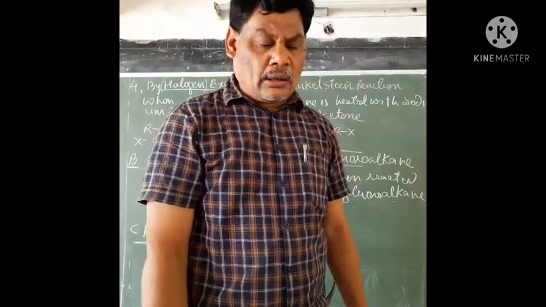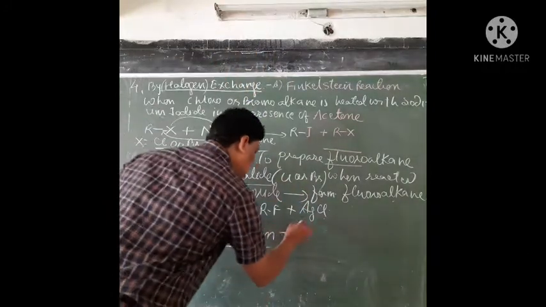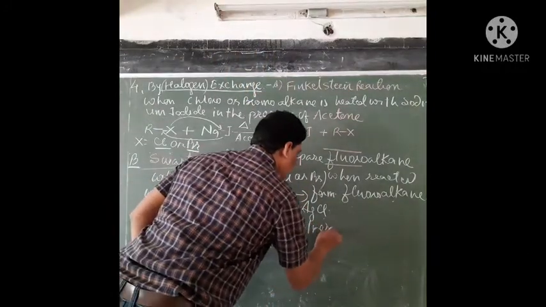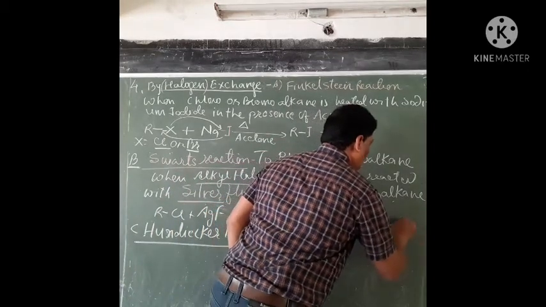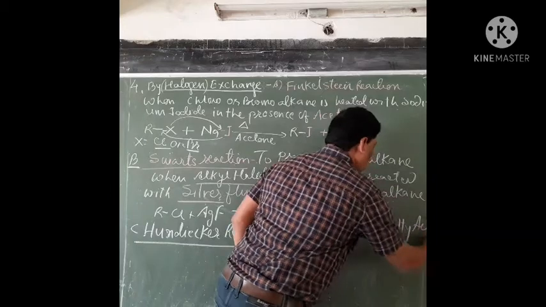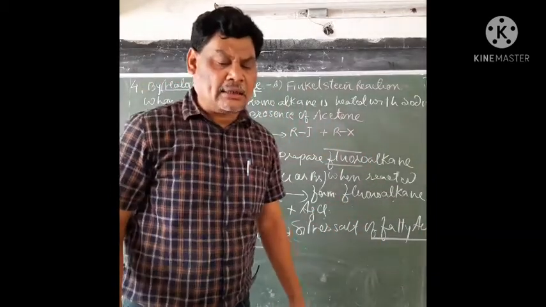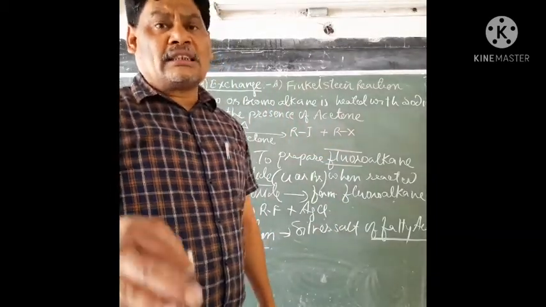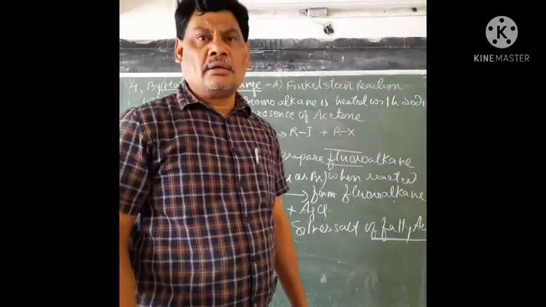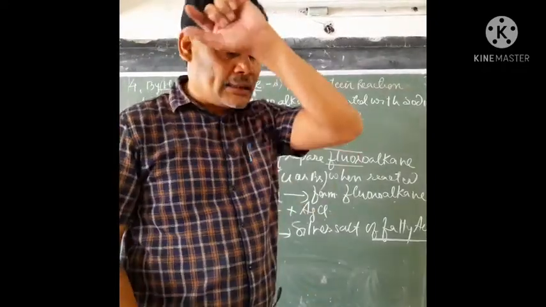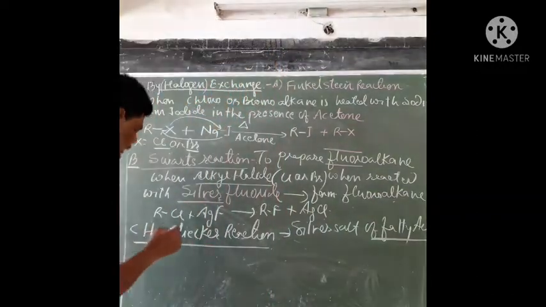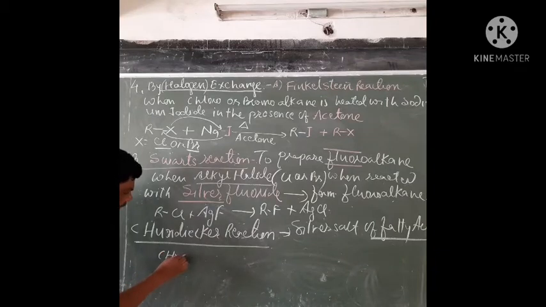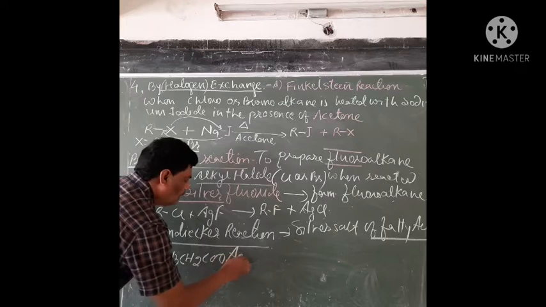The reaction involves silver salt of fatty acid. You know the meaning of silver salt of fatty acid? It is a long carbon chain containing carboxylic acid. Like here, you can see CH3, CH2, COO, and what? Silver.